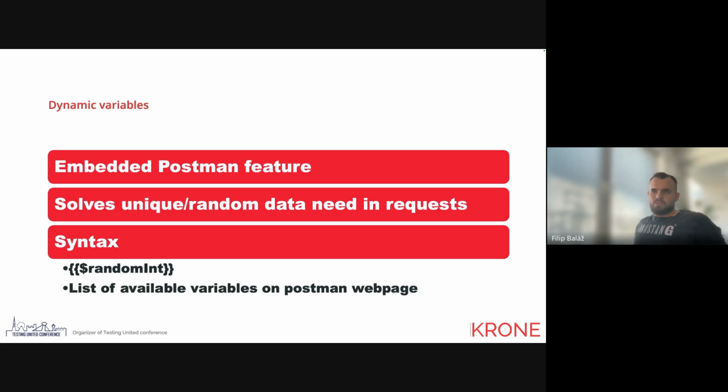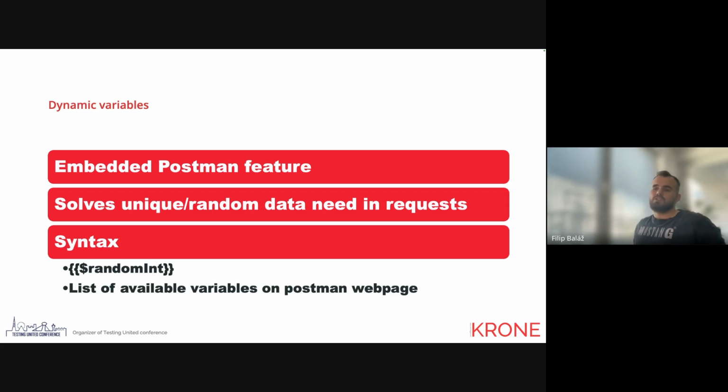Postman provides us with dynamic variables, which generate these values on demand. And how you can use them is really simple. You start with two curly braces, and then the $ sign, which specifies that this is a dynamic variable.